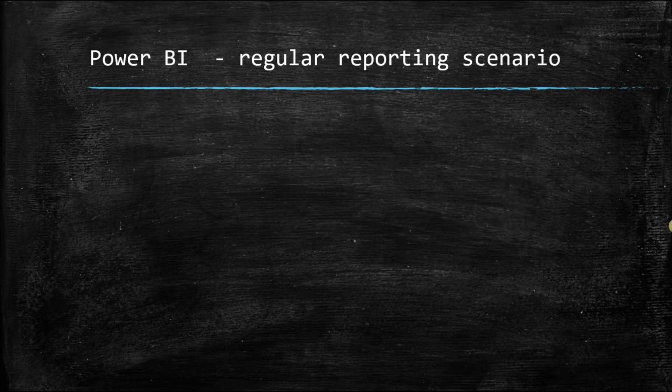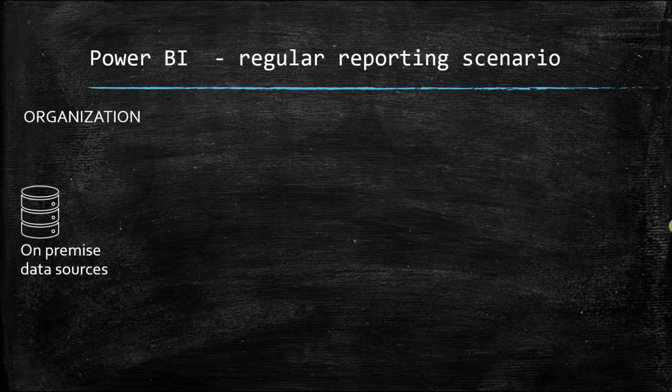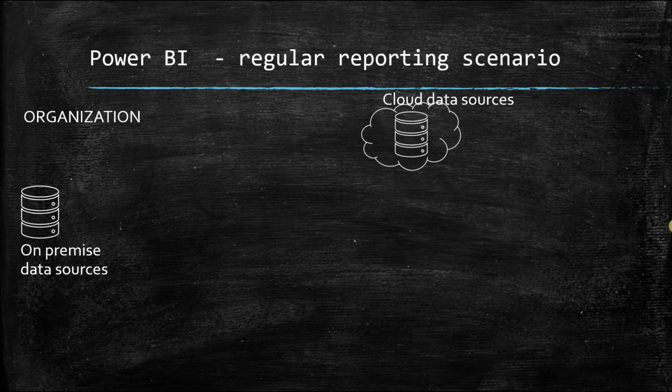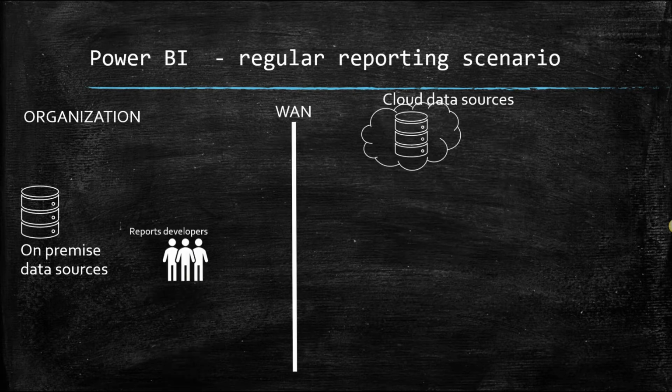And I also want to spend a minute and talk about differences between a regular reporting scenario and a real-time reporting scenario in Power BI. Typically, we have an organization with its own on-premise data sources. We of course have cloud data sources as well.